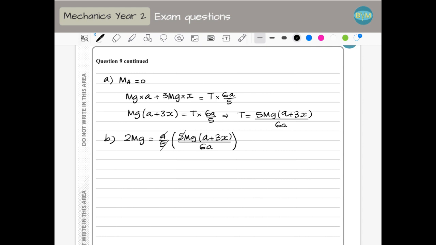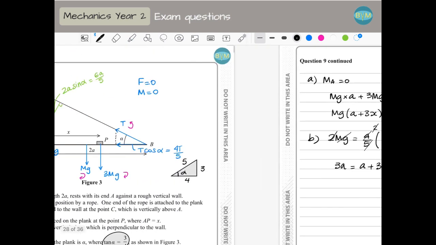From here I can cancel 2 with this 2, and again this 2 and have a 3 here. I can cancel mg with mg, and then here I have 1 multiplied by 3a, is 3a, so I have 3a equals, and on the other side I have only a plus 3x, which means that 3x is 2a, which means that x is 2/3 of a. Yeah, so that's it. And that's the value of x in terms of a.